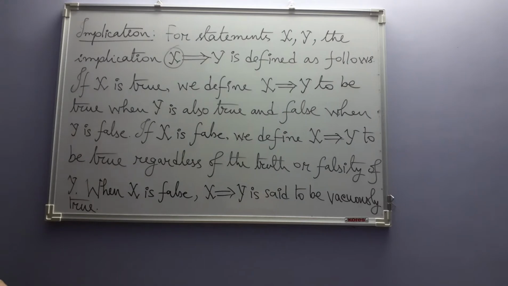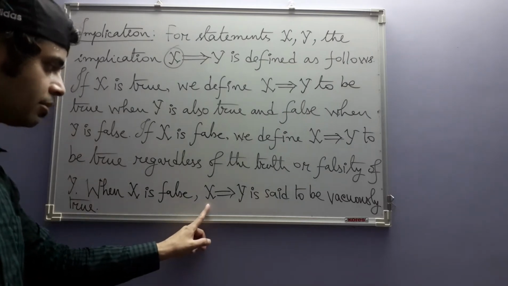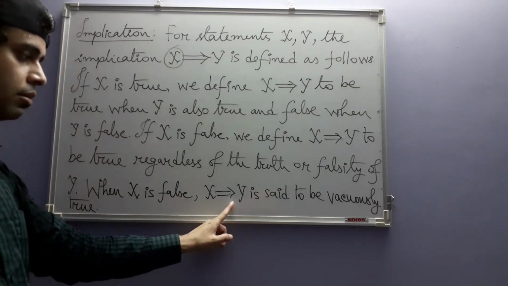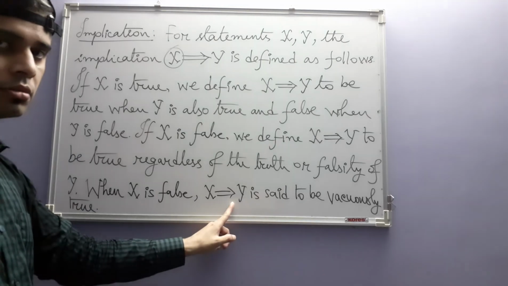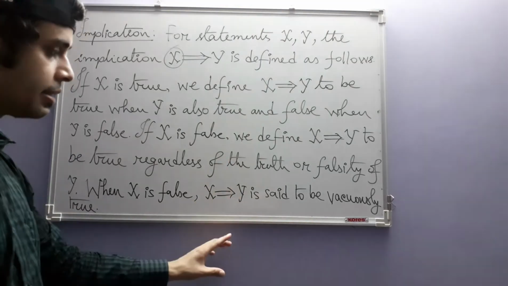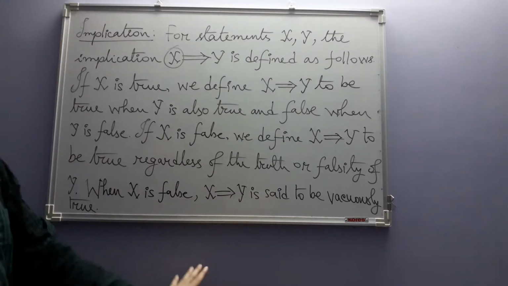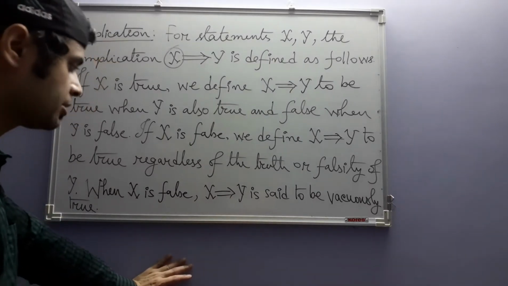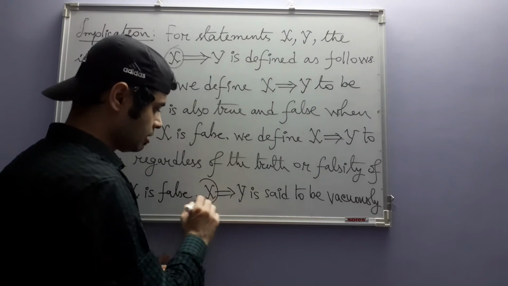It's a term. When x is false, we have agreed to consider this as a true statement. In that case, it's said to be a vacuously true statement. Vacuous because x is false.